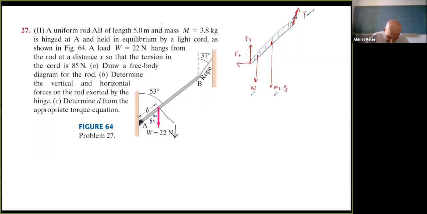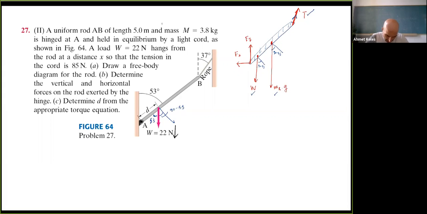Then this perpendicular here is 90 minus 53. This is also 90 minus 53.